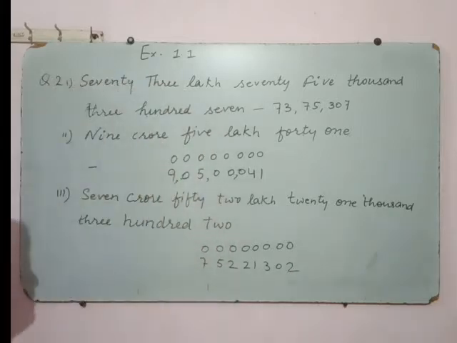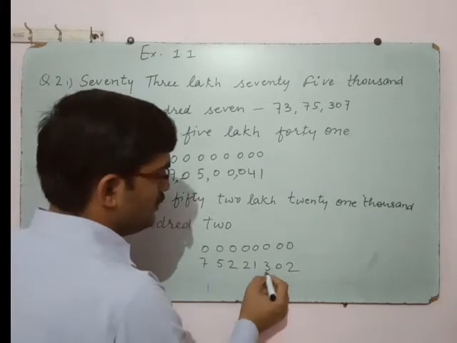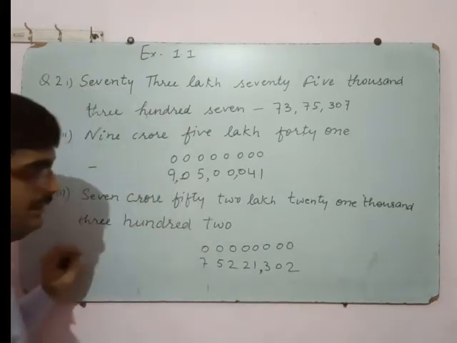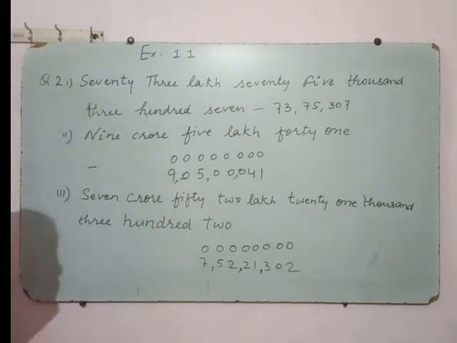Okay, is that clear? So now put the commas: the first comma will be before three places, then on two places, then on two places. Okay, so this will be the answer.